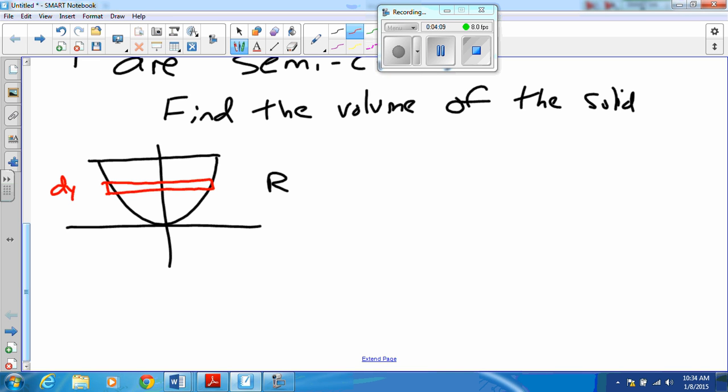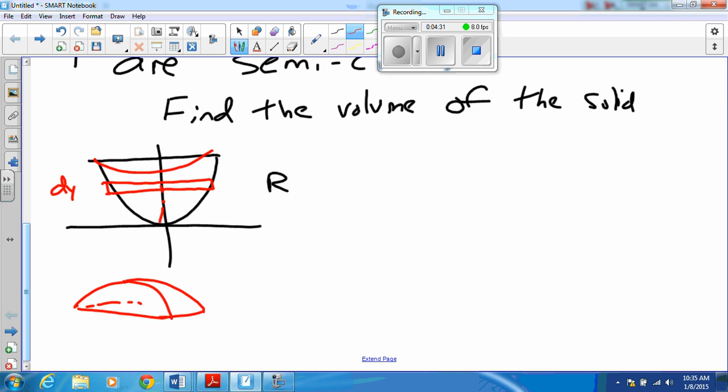What does it mean that the cross-sections are semicircles? It means that if we were to take this cross-section out, we've got some kind of solid, and if we visualize it in 3D, it's going to look kind of like this, and then it's going to taper down like this.